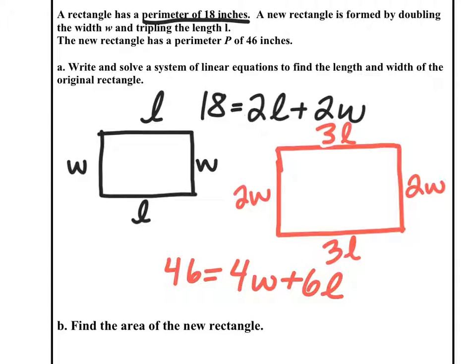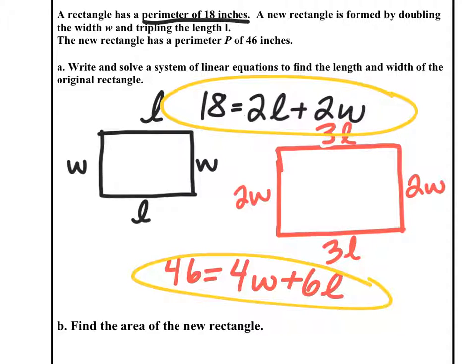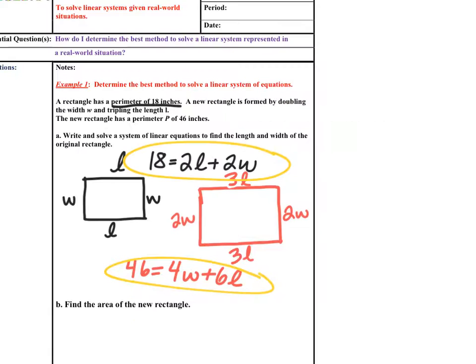Now, I unfortunately didn't leave myself very much space, but I have my 2 equations up here and over here. Usually in a system, we should write those together. If you don't have them written together, I would rewrite them together, right in a row.